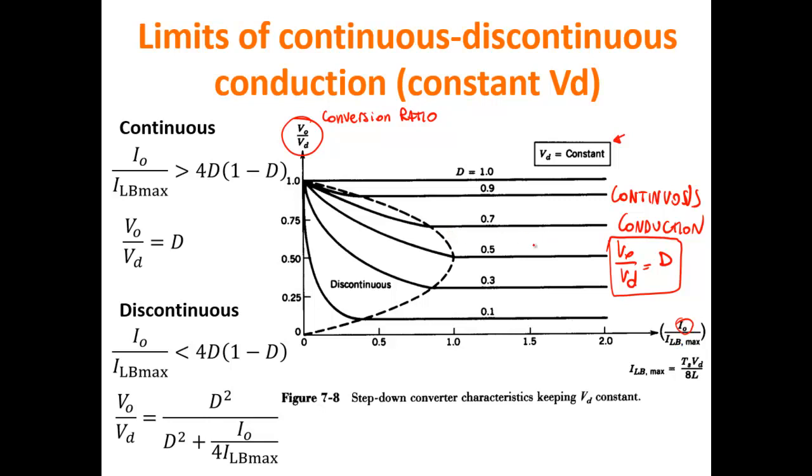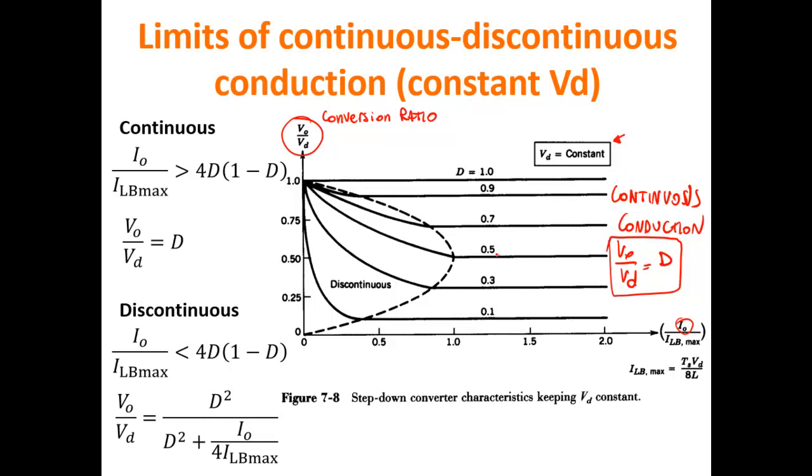If you use D as a parameter, they are exactly equal to the value of the parameter, which means that if D is equal to 1, VO over VD is equal to 1. If D is equal to 0.5, VO over VD is equal to 0.5.